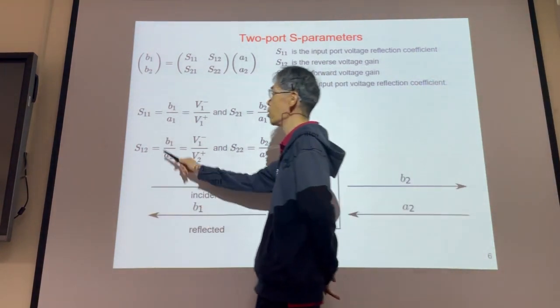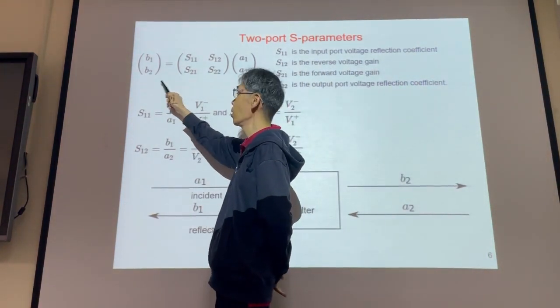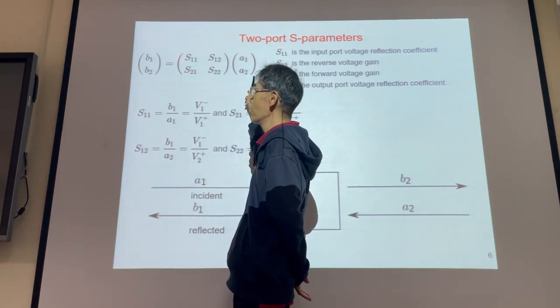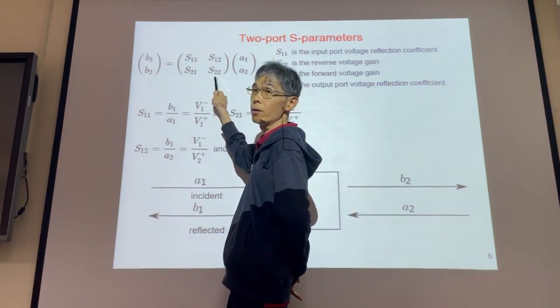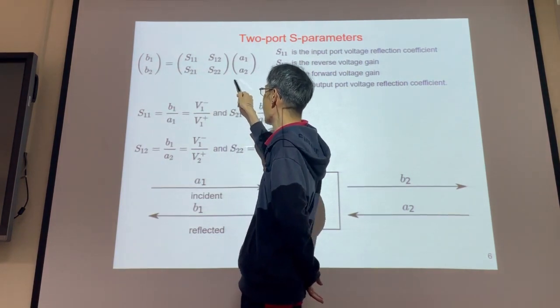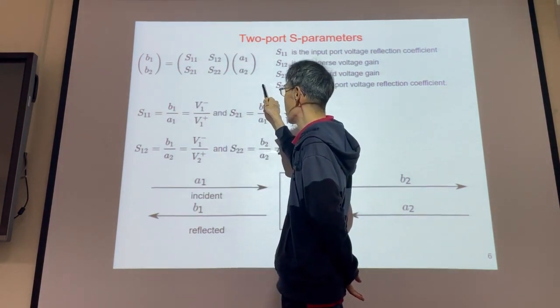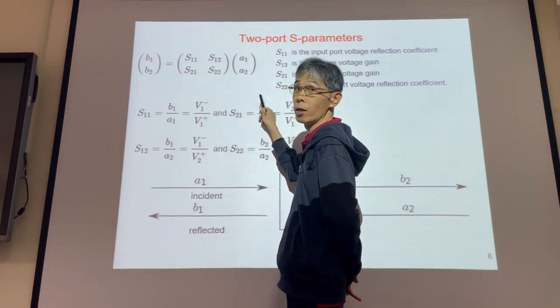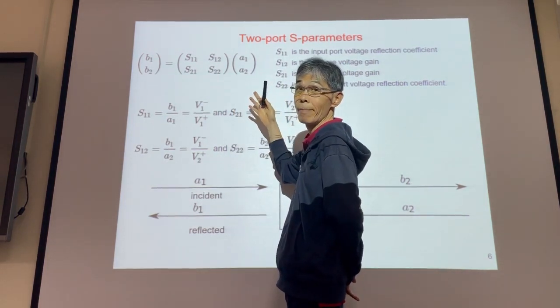So this is a 2 by 1 vector, and this is a 2 by 1 vector. So this matrix must be 2 by 2, because 2 by 2 multiplied by 2 by 1 gives 2 by 1. Dimensions should be compatible.